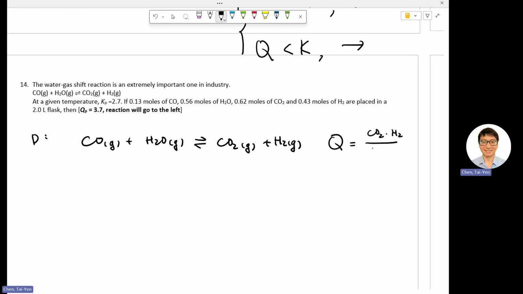Reactant is CO and H2O. Should I put H2O? Yes or no? It's gas form, so you must put H2O there. When should you exclude the H2O? When it's in the liquid form. So be careful about that.